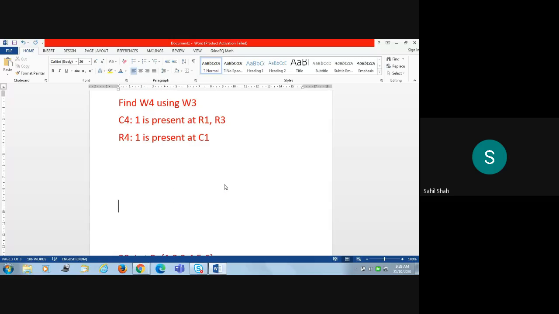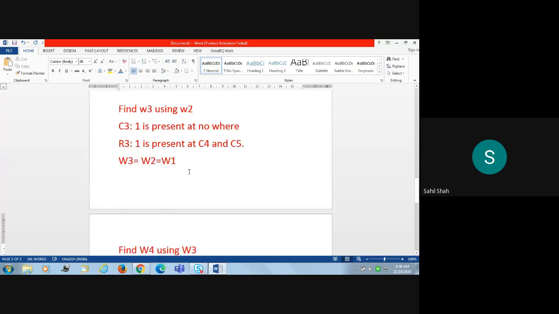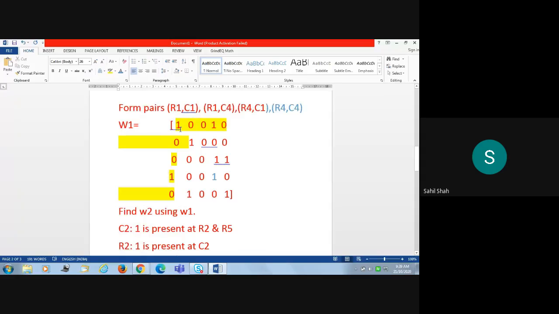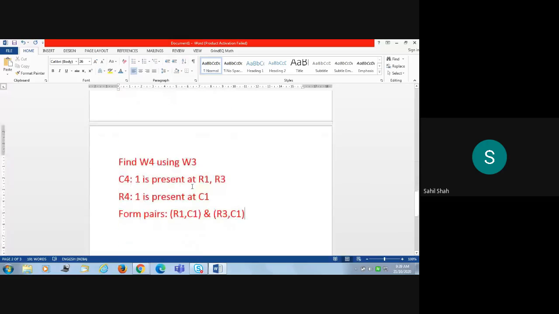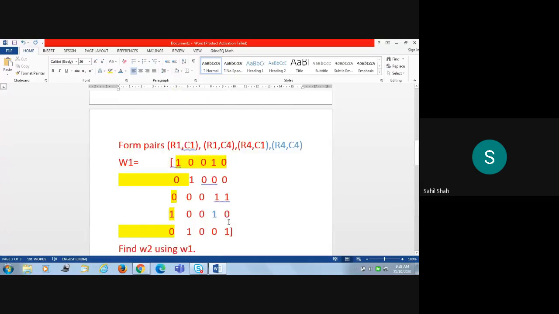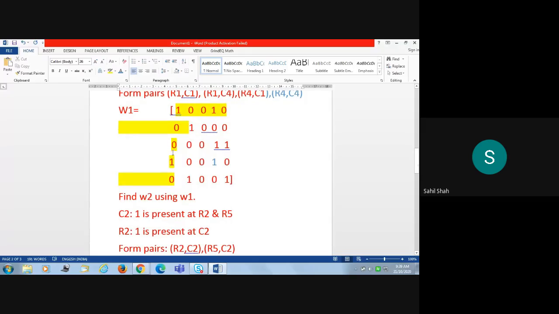So for W4, you will be forming pairs like R1, C1 and R3, C1. So check out whether both the pairs are present. R1, C1, yes, I am having. And what is the next pair? R3, C1. Do we have R3, C1? R3, C1 is absent.